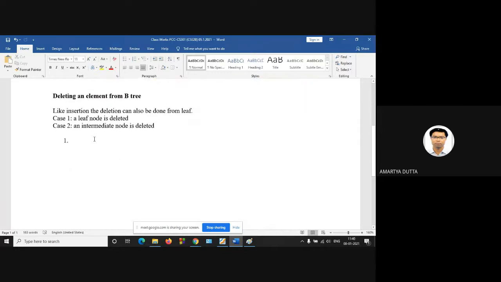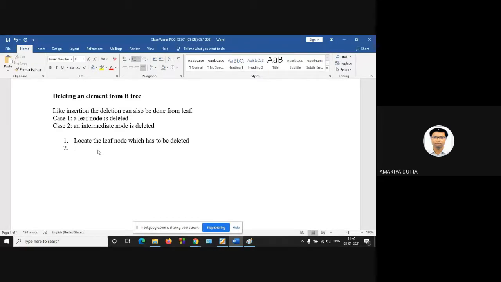For the first one, the steps are: locate the leaf node which has to be deleted.